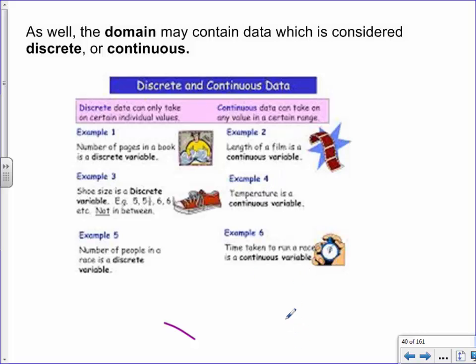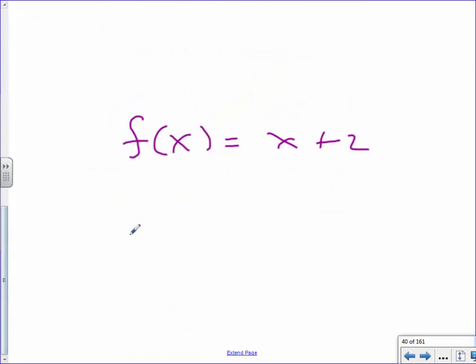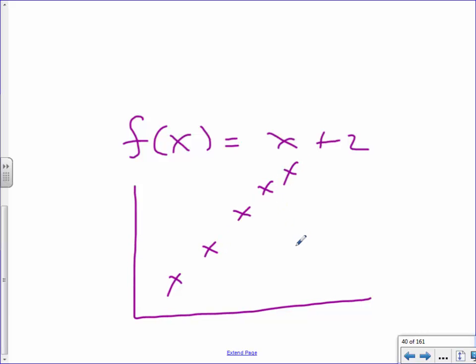Here's what makes a difference for us. When we eventually graph this data, if we're graphing data that is discrete, most of the time, as we start with in our labs, we should just mark in the points. If logic dictates that the points are continuous, then we actually put a line between them. But sometimes we don't draw a line between our points because it's just not logical to have a point partway in between.